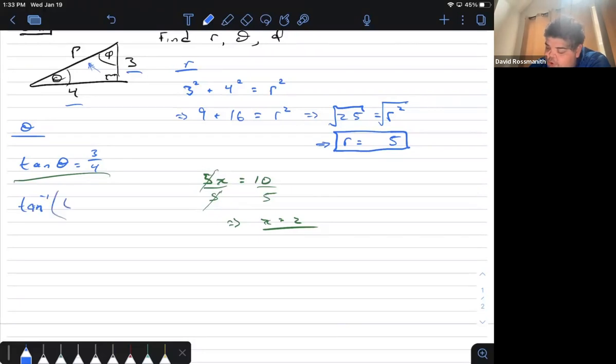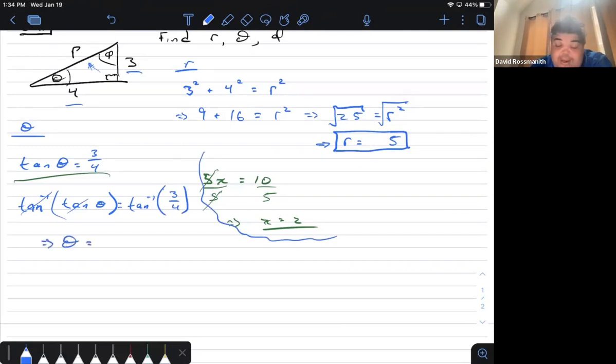When you do that to the tangent of theta, this cancels that. Instead of taking the tangent, you've taken the inverse tangent of the tangent, and they cancel out. However, be careful, because whatever you did on the left, you've got to do to the right as well. So we have an inverse tangent over here now on 3 over 4. But this is good because now we've got theta, which is the thing I want, is whatever this happens to be.